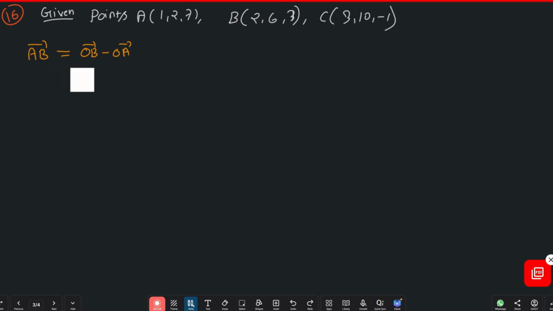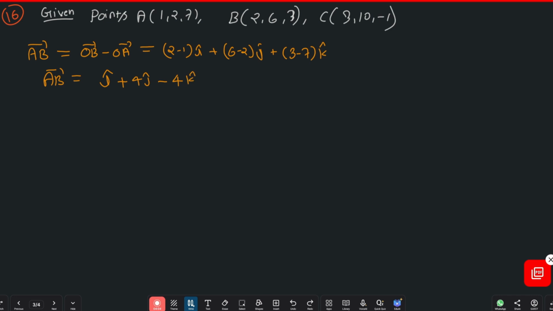Can you tell me directly what is the answer? 2 minus 1 i cap plus 6 minus 2 j cap plus 3 minus 7 k cap. Then what is the answer? AB vector is i cap plus 4 j cap minus 4 k cap.